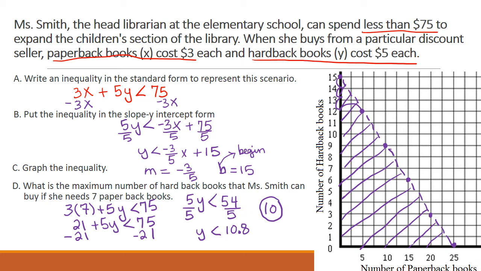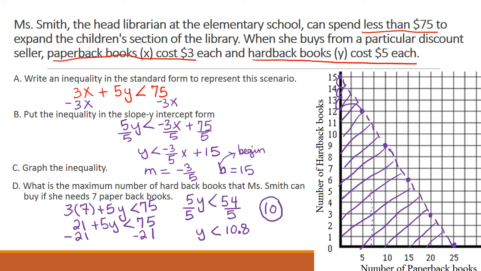Now, this is algebraically. Graphically, if we look at 7, which is around here somewhere, we're going to end up with a solution of 10. Because as you can see, we're going to try and find the solution for 7.